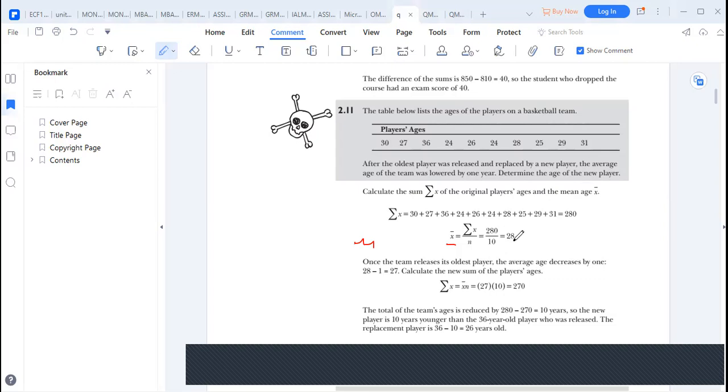Now, the oldest player happens to reduce the total mean by 1. So we redo the calculation by substituting the 28, we subtract a 1 from there.